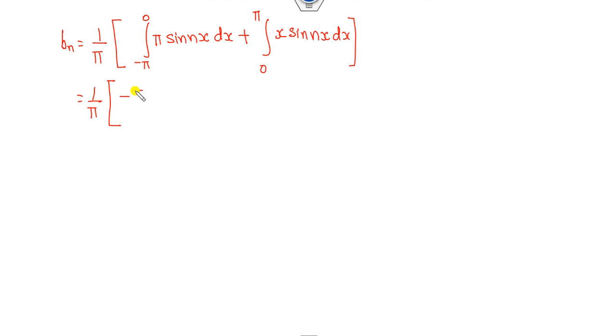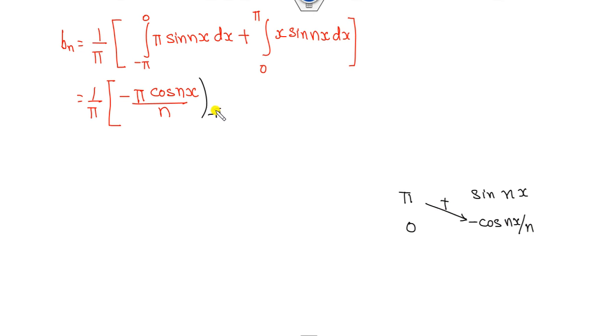Integration of this will be minus pi cos nx over n. Again you can write it this way: this is the pi and this is sine nx, so it's minus cos nx over n. You can multiply this with the positive sign from minus pi to 0.